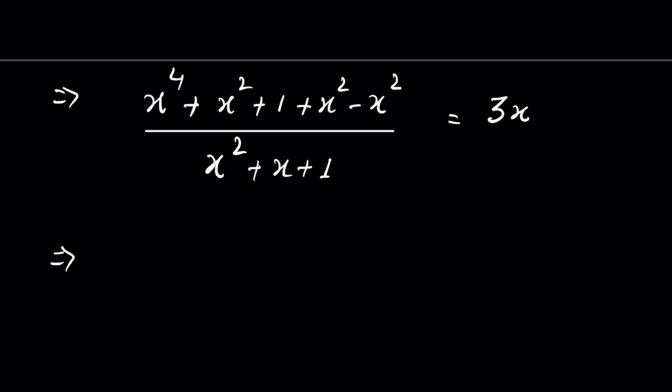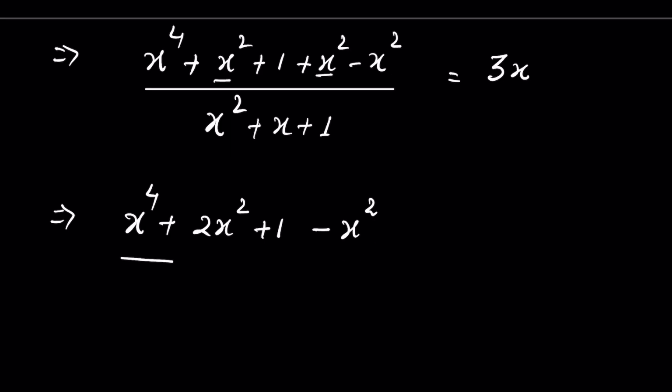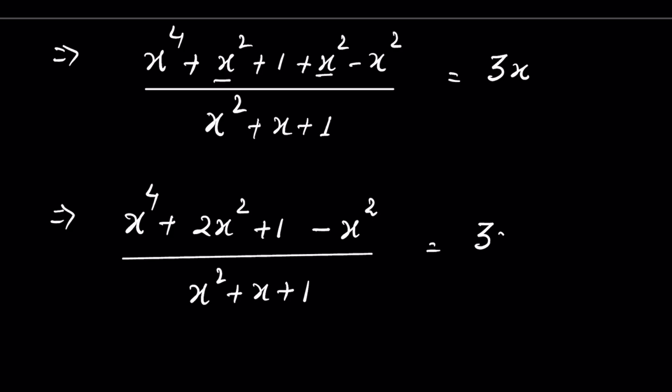Now x square plus x square is 2x square. So we can write x to the power 4 plus 2x square plus 1 minus x square upon x square plus x plus 1 is equal to 3x.